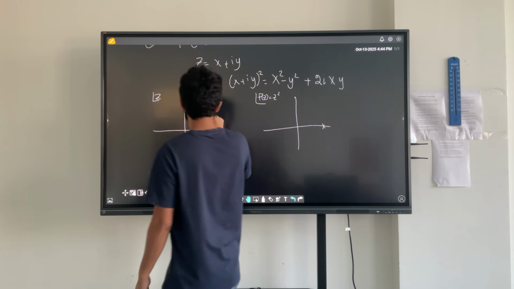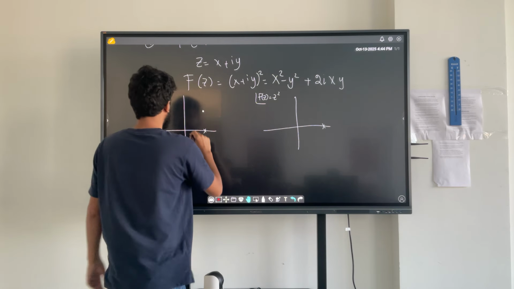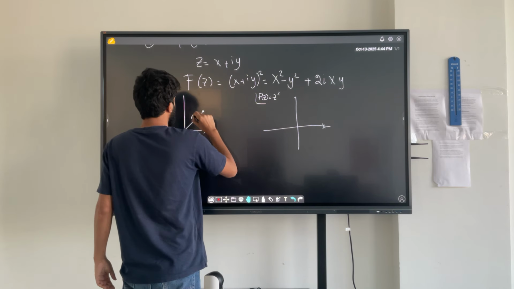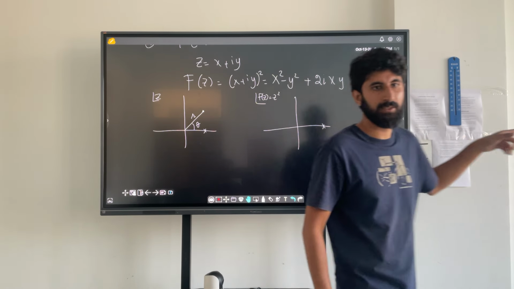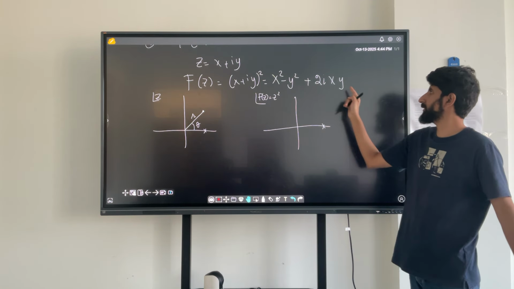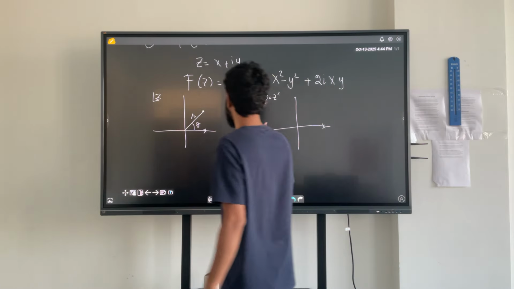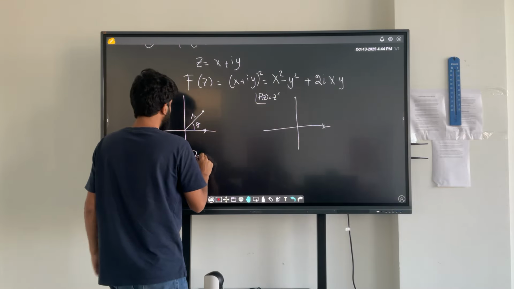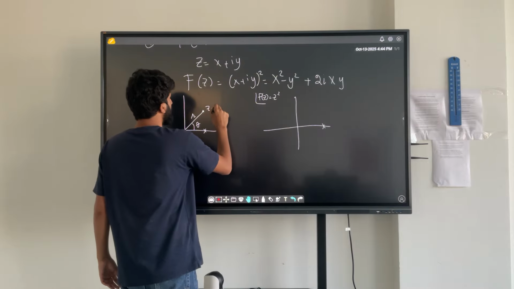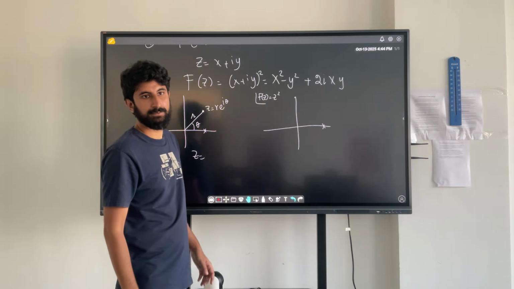Let's say this guy here. Let's say it has some modulus r and some argument theta. The reason I shifted to polar will become obvious now, because the Cartesian form looks a bit complicated. So z is r e power i theta.